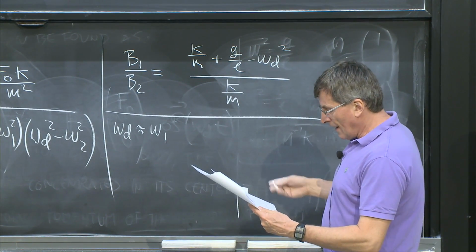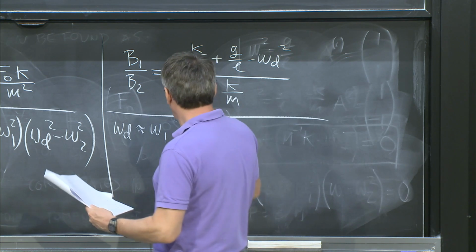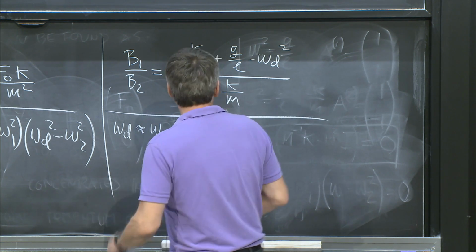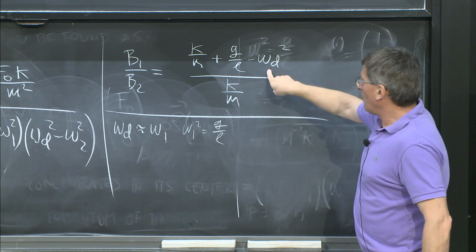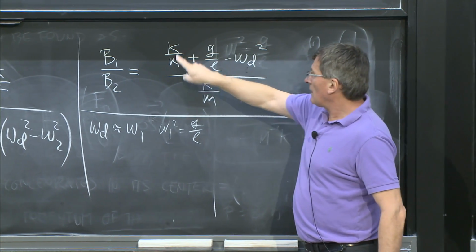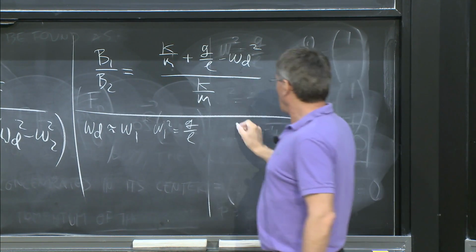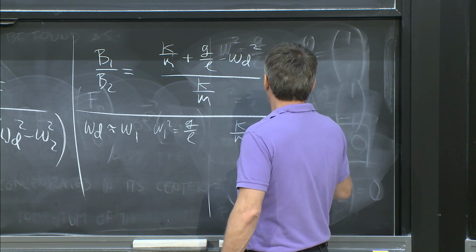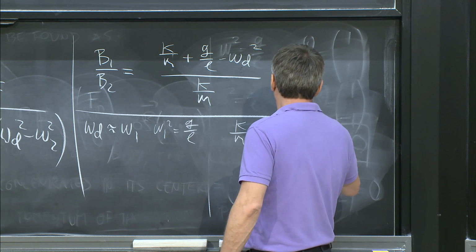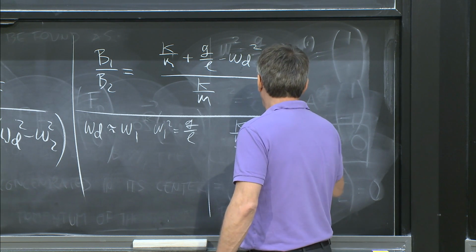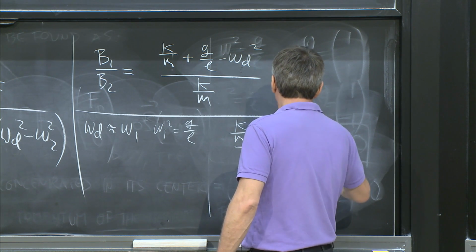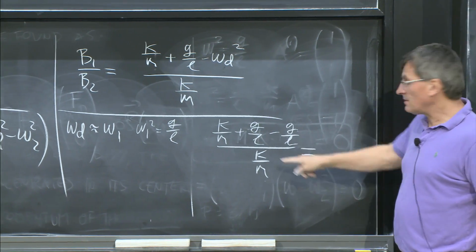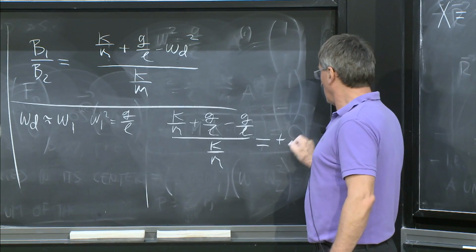Omega 1 squared was G over L. So if I plug omega 1 here, I have K over M plus G over L minus G over L, divided by K over M, which is equal to what? Those two terms cancel.